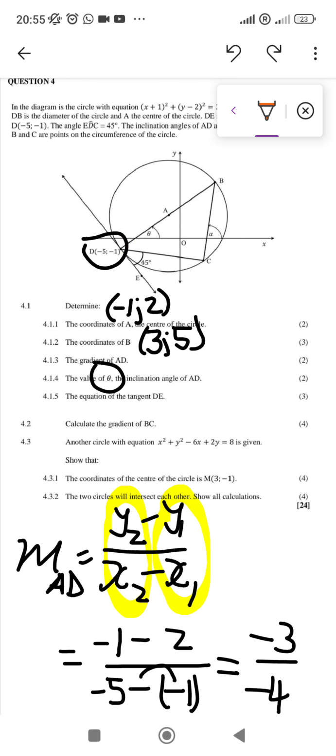The steepness of the line can either be described by the gradient, which we've already calculated, or by the angle that is created over there. And when we think about the angle of a line, we always think about from the positive x-axis, anti-clockwise to our line, and that's our theta value that we are dealing with.